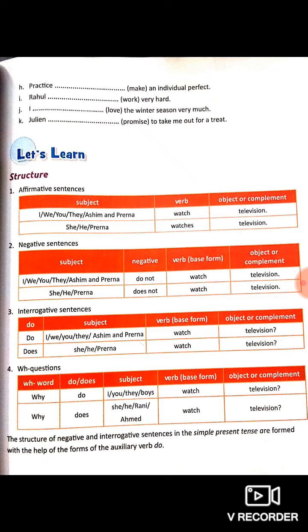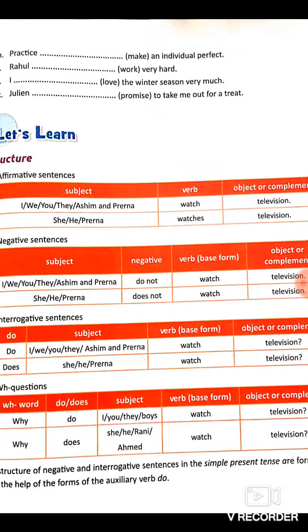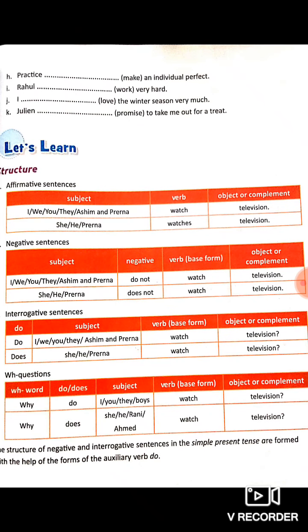But the same verb, when used with the third person singular: he watches television, she watches television, Prerna watches television. Notice here Prerna is in the singular, it is not in the plural, but Ashim and Prerna together make a plural subject. So the verb in the previous sentence was plural, that is watch. In negative sentences, children: I, you, we, they, Ashim and Prerna, and then the do verb as well as the negative word, the word of negation, that is not, do not.